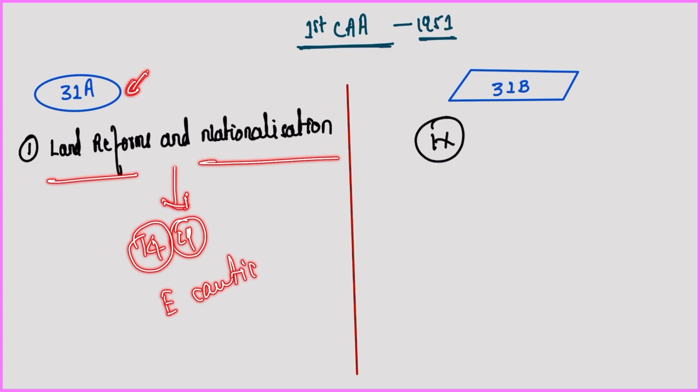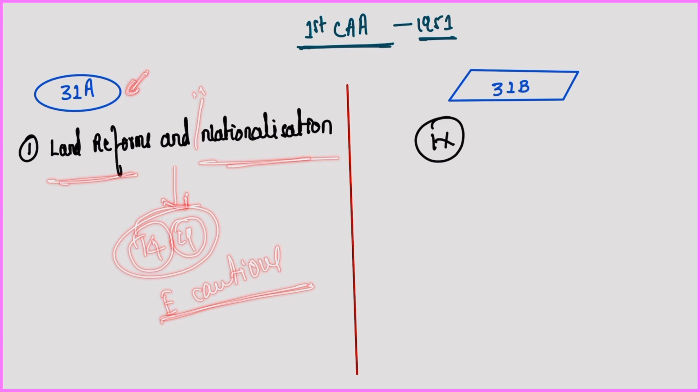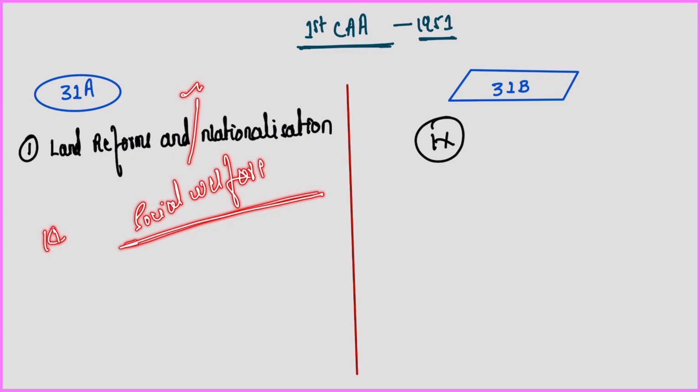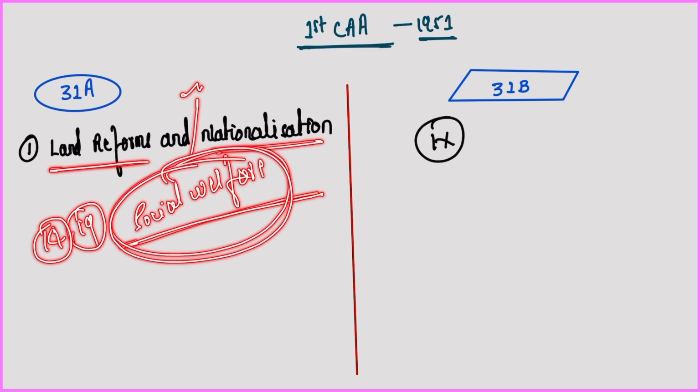Now, Parliament thought that if the zamindars can challenge these acts in the courts for violation of Article 14 and 19, then any future legislation which is trying to promote social welfare or trying to implement DPSPs can be challenged in the courts for violation of Article 14 and 19, meaning any act, not necessarily a Land Reform and Nationalization Act, any social welfare act.